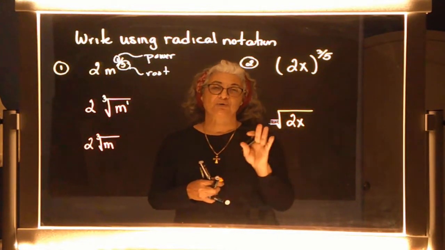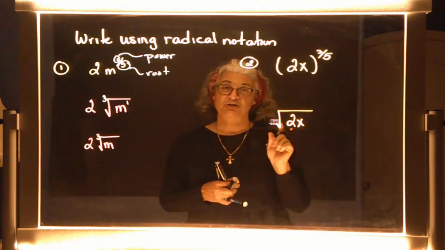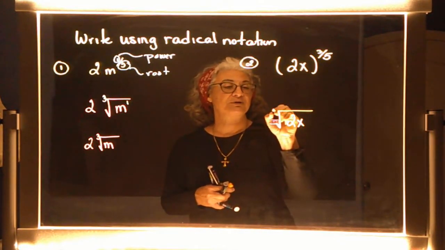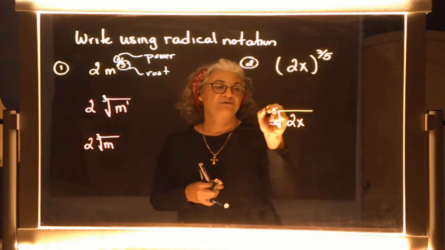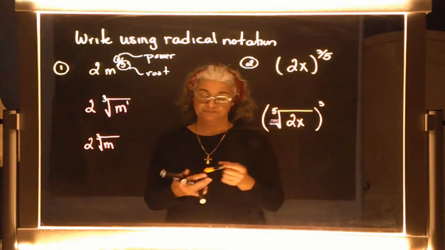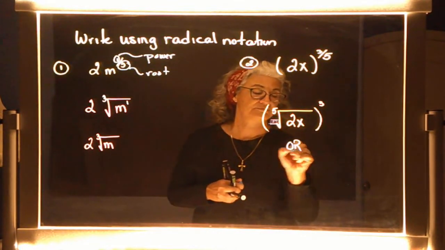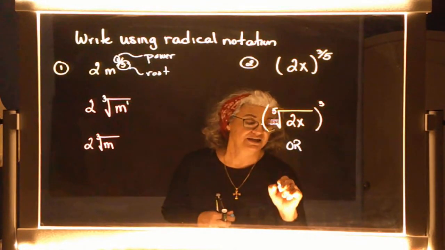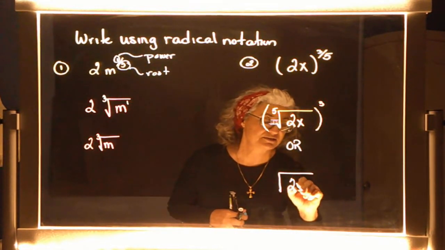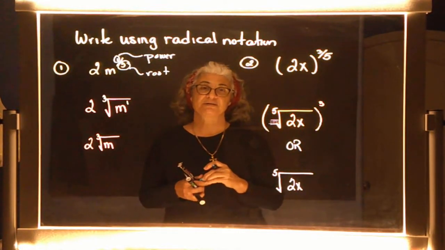The root. Okay, now there's 2 ways you can actually write this answer. So, I have the 5th root, don't I? And the whole thing could be to the power of 3. Or, we still have the radical with the 2x. We still have the 5th root.